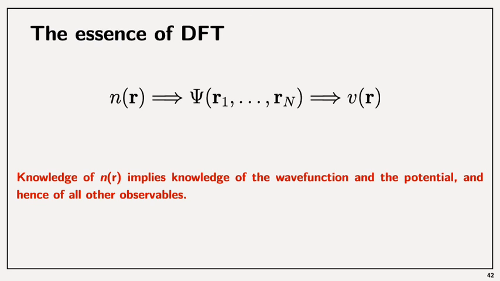And even more than that, we do not need to go through the wave function. This is really the big deal about DFT. You do not need to calculate the many-body wave function. All you need to do is to be able to calculate the density itself, with methods that, for example, are based on the Kohn-Sham theory, which we'll show in this course.